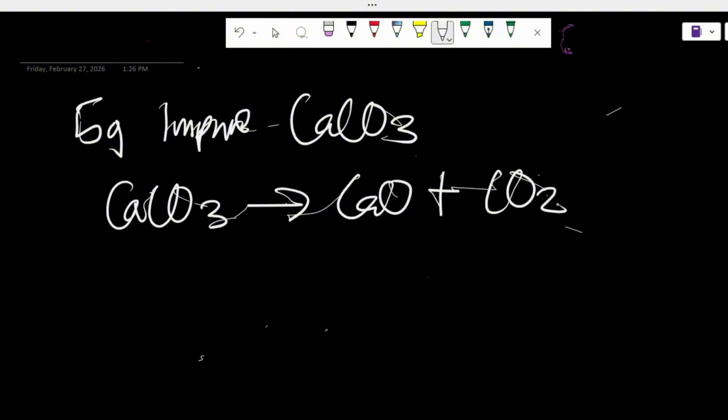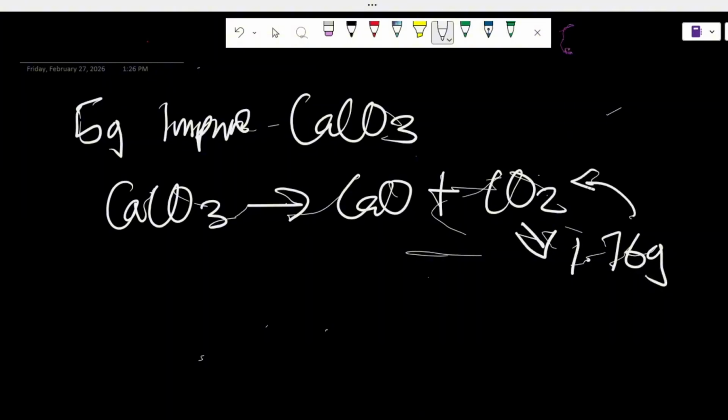Now, what is collected here is 1.76 grams of carbon dioxide produced. So the first question is, how do you calculate the number of moles of carbon dioxide?